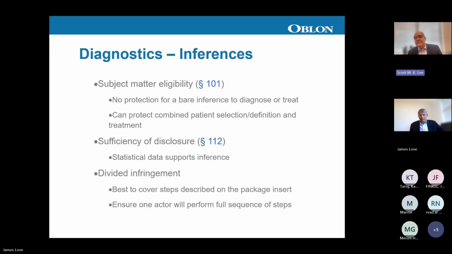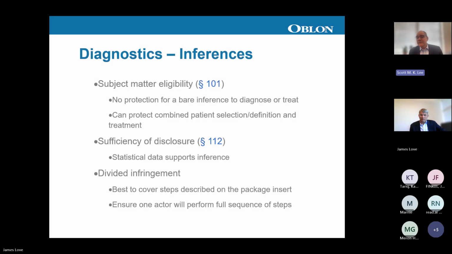But if you imagine a situation where one entity, a testing company, for example, is performing a test and transmitting the results to a doctor who then determines that a patient is a candidate to receive your therapeutic, and then the company that manufactures the therapeutic is selling the therapeutic, it could be that you have those two entities each practicing part of your patent, but no one entity is practicing both parts. So that can raise some complex issues that you need to address.